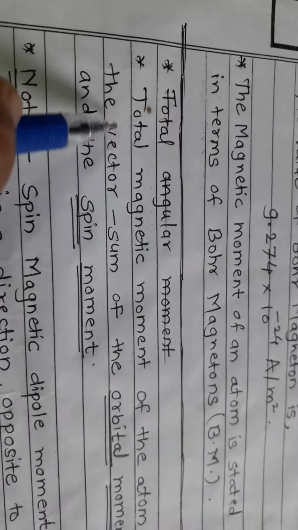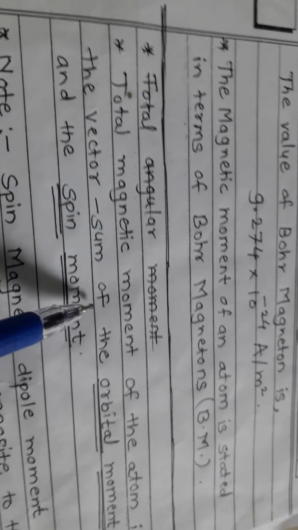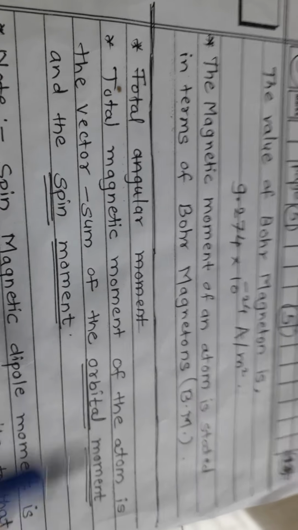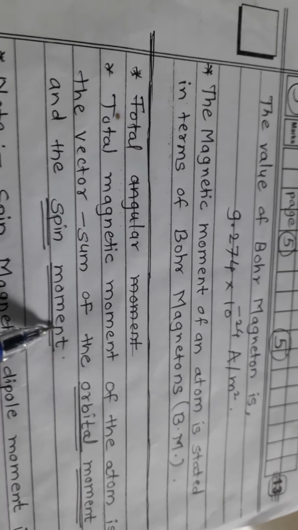Now see here, the total magnetic moment of the atom is the vector sum of the orbital moment and the spin moment.